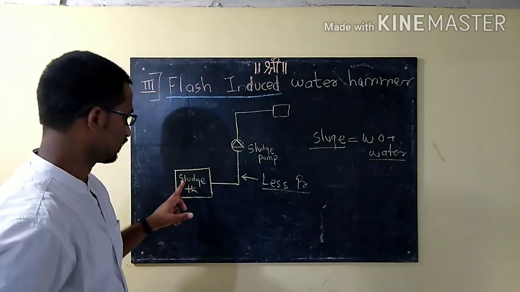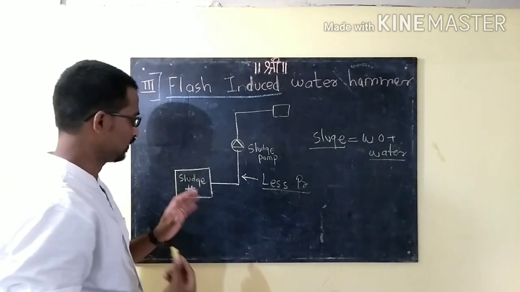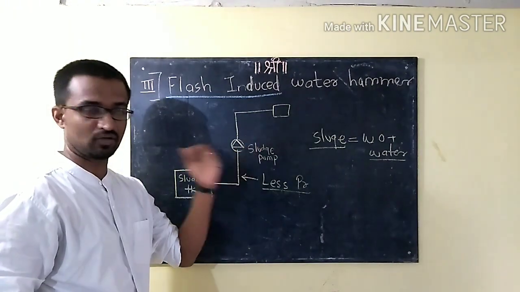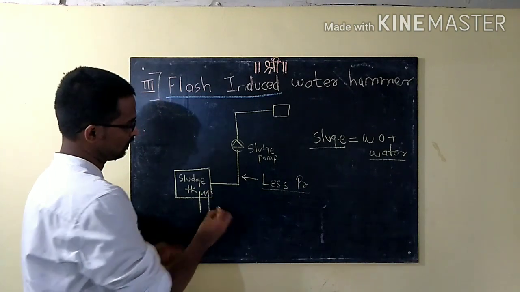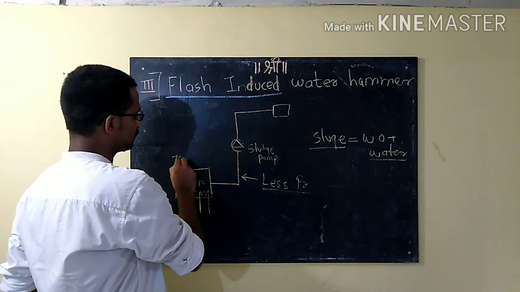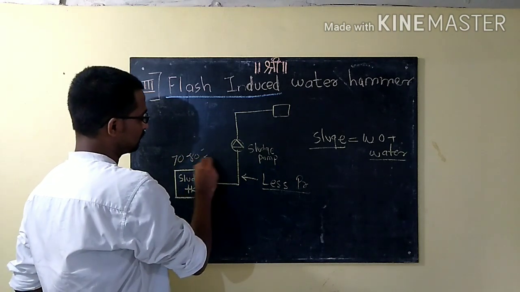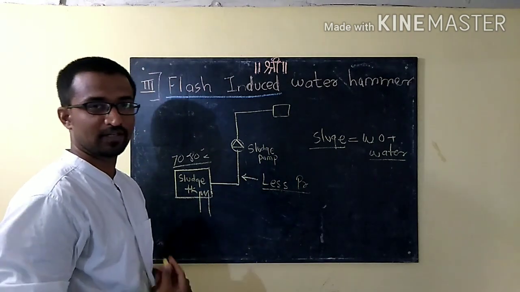And we all know that when we are giving sludge to the incinerator waste oil tank or to a barge, that time we heat the sludge. And when you heat the sludge tank, like if you heat up to 70-80 degrees, this sludge will enter in the suction pipeline.